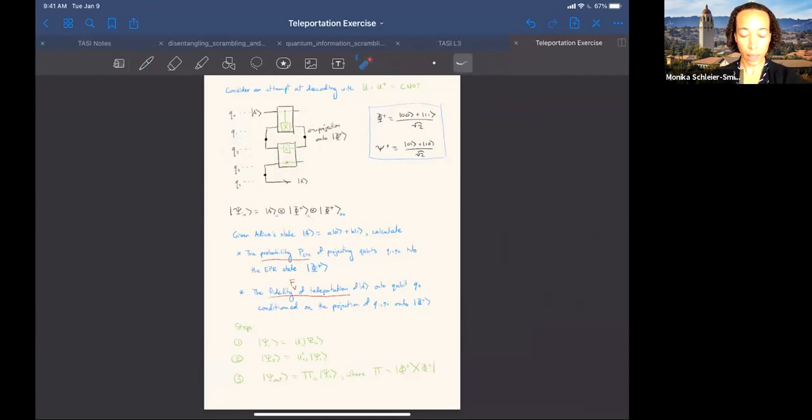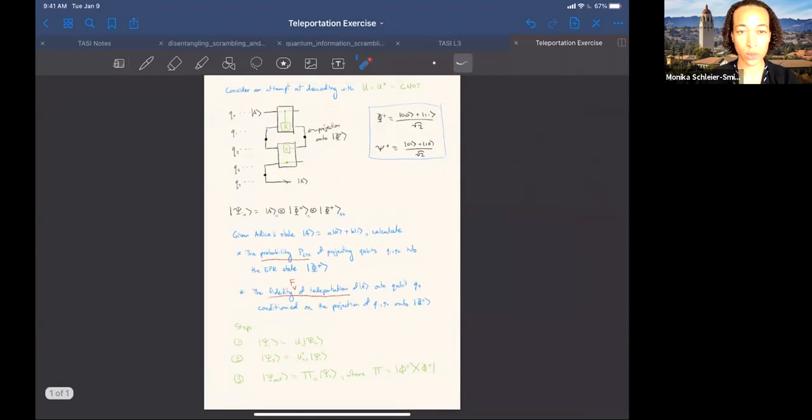Okay, so that's what that would look like. And now we can ask the question in this case, what's the probability that we project qubits 1 and 2 onto this EPR state, and what is the fidelity with which we teleport Q0 to this output port if we measure the EPR state here? Okay.